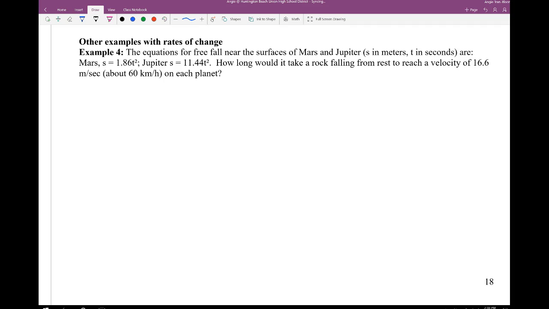How long would it take a rock falling from rest to reach a velocity of 16.6 meters per second, which is about 16 kilometers per hour, on each planet? So we are just going to take one planet at a time. Let's do Mars. And let's do Jupiter over here.